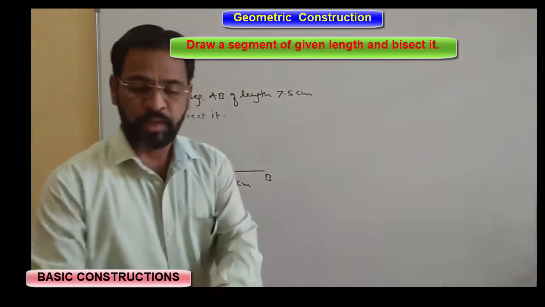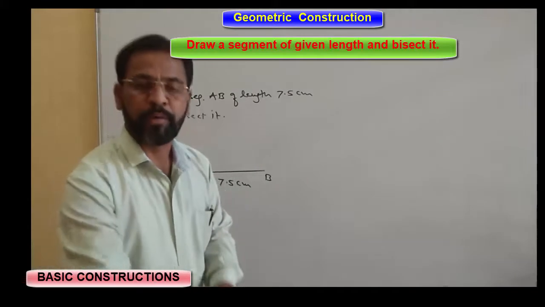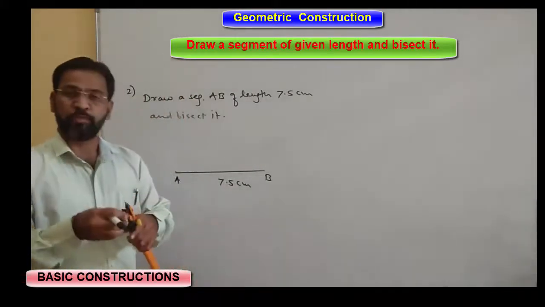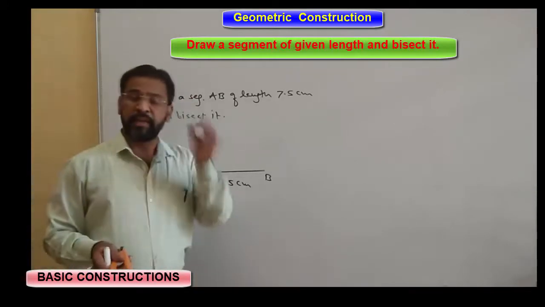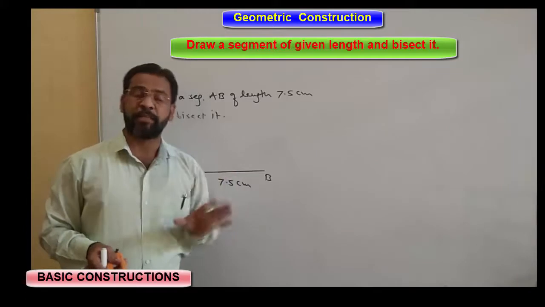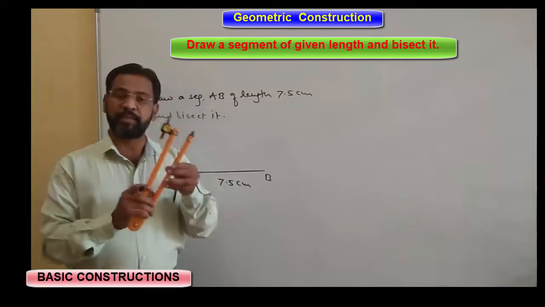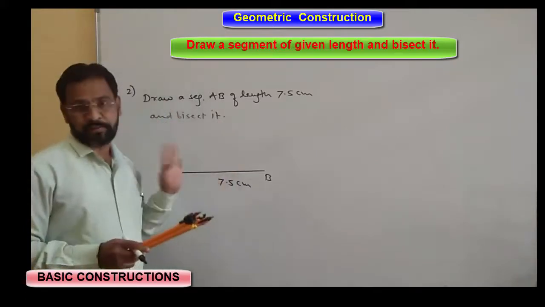See how? Look here, this is again a very important part. Just try to observe. As usual, whenever you are going to bisect a segment, you take in the compass more than half of it.